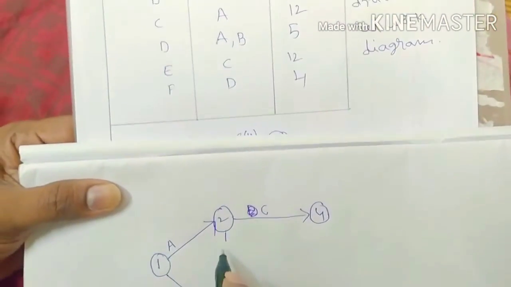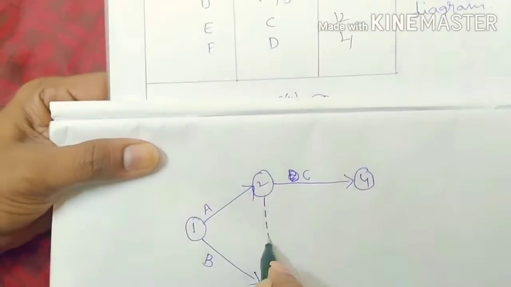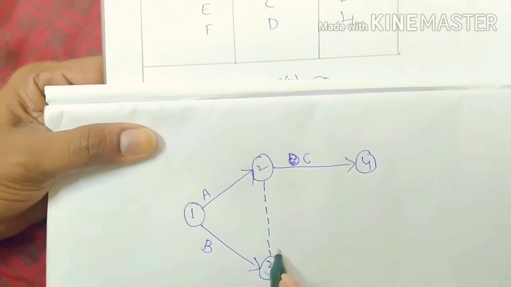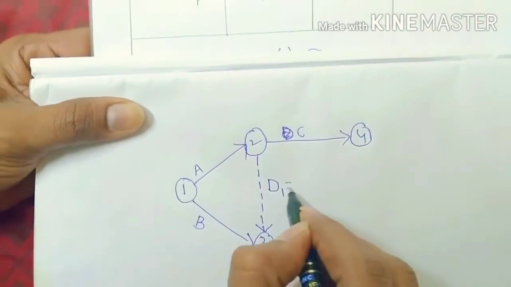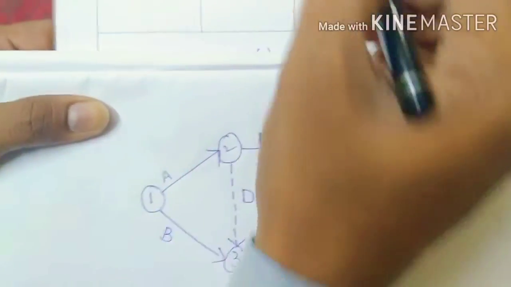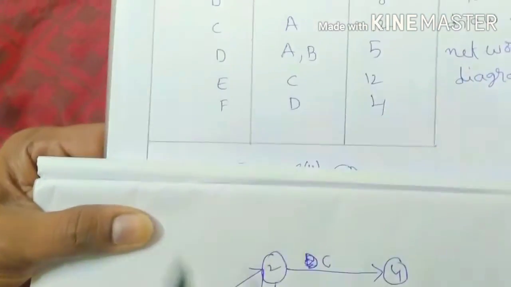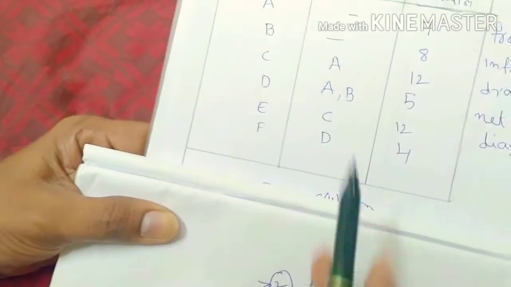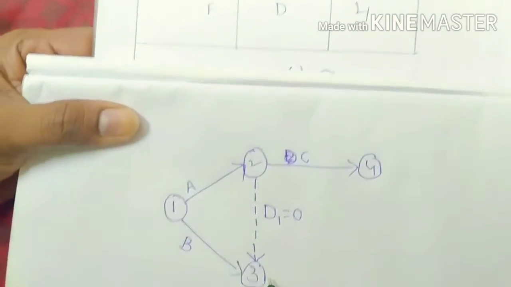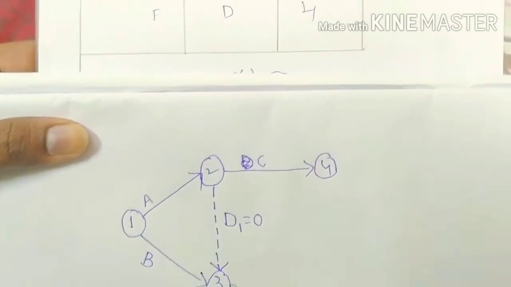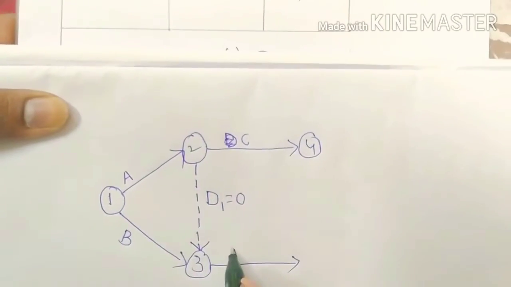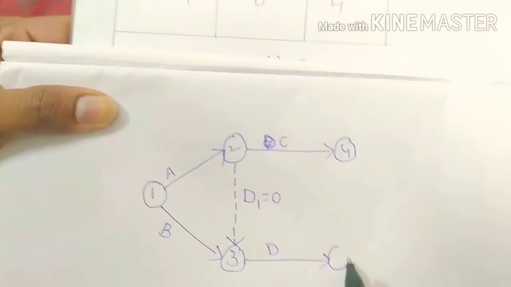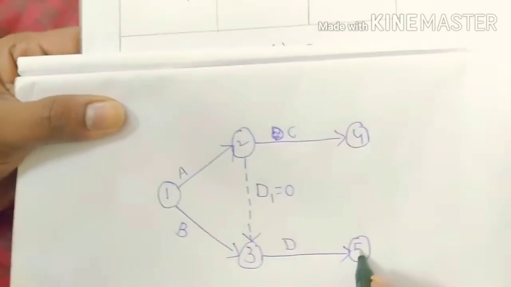So here the dummy activity symbol, likewise we need to draw D1. The duration value of the dummy is 0. Now we can construct the D. Before D, A and B should be there. So here this is the activity D. Here we can mention as 5.